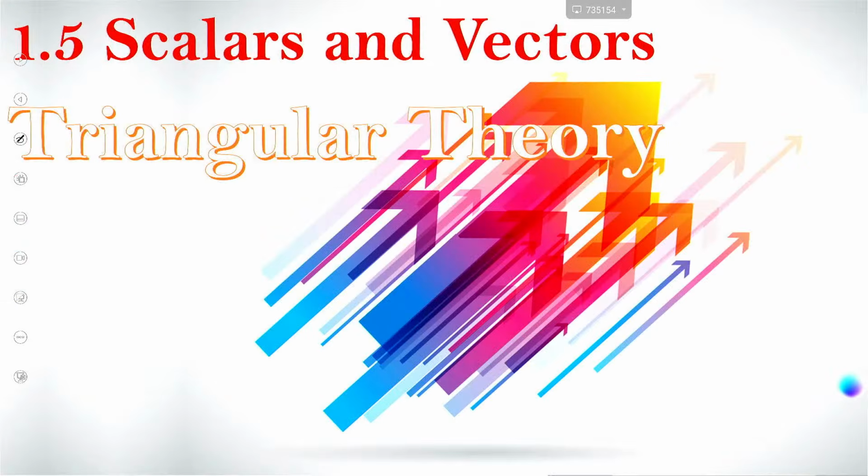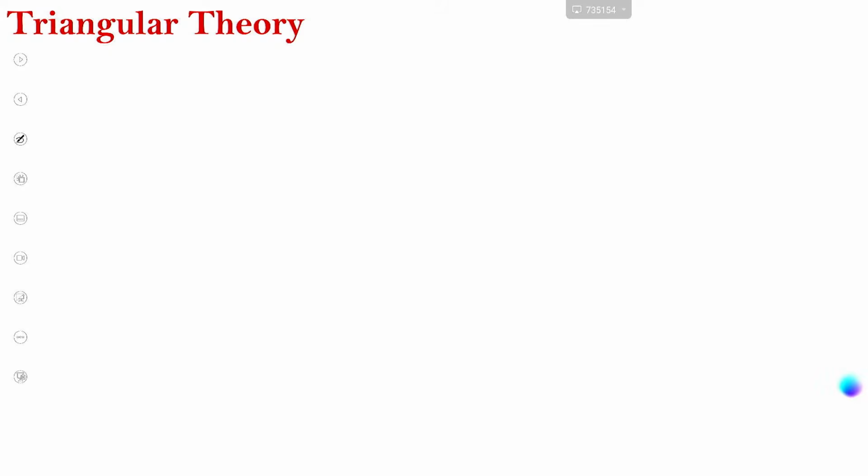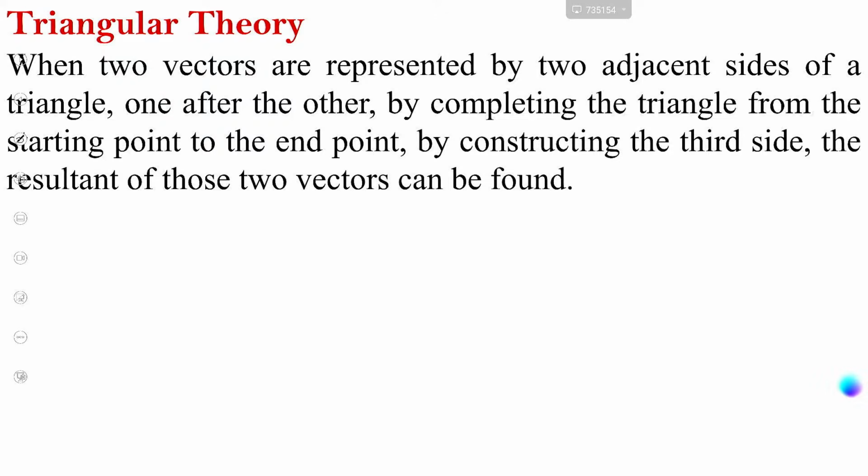So we'll take the parallelogram theory of vectors first. What exactly do we mean by that? It's a kind of complicated statement, but we are not interested in statements much.